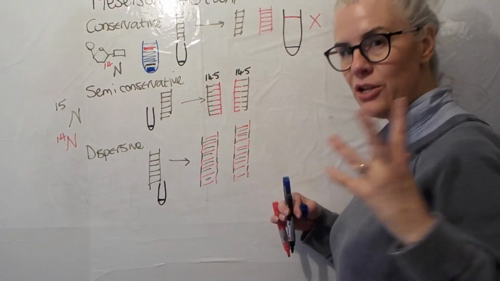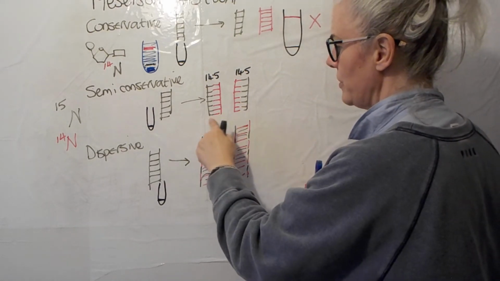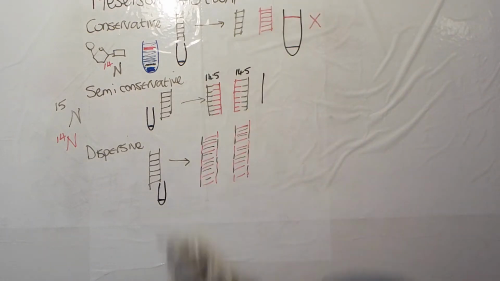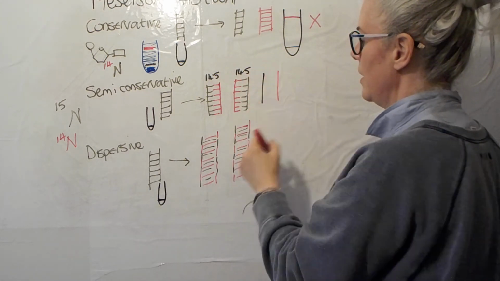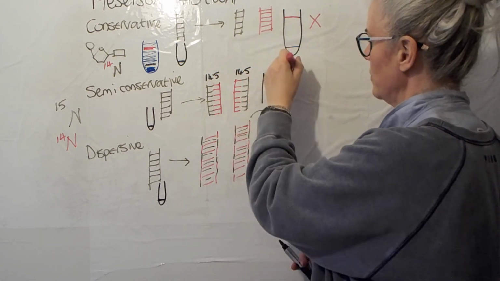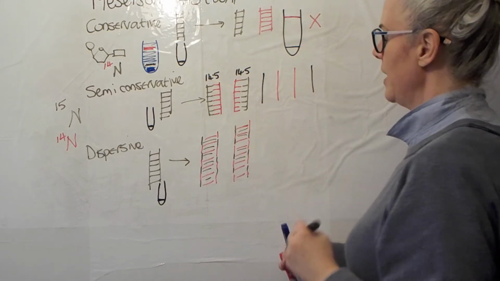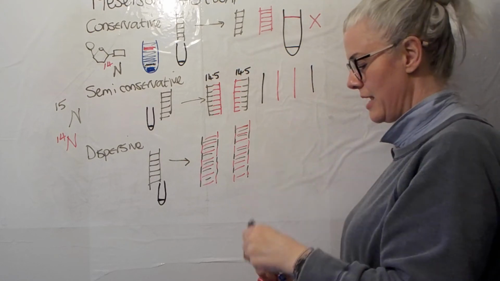So again, any new DNA would have the N14. So if we just have a look at this strand, you separate your two strands. And then you separate these strands. This one to there, that one to there. Now remember, they are in a medium that only contains N14.